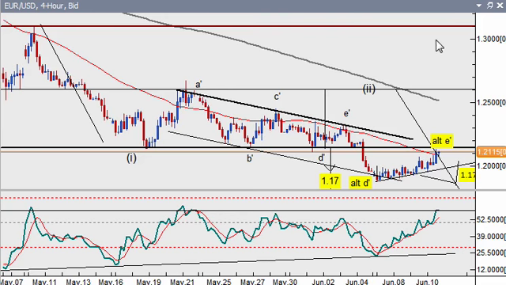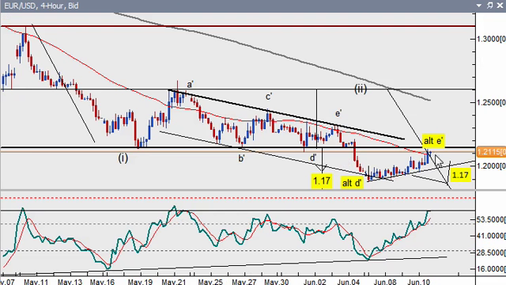So now I'm trying to figure out the internals here. Basically, we are in wave C, so whenever we have a break, and this appears to be a complete consolidation pattern, we could be in another impulse wave down.